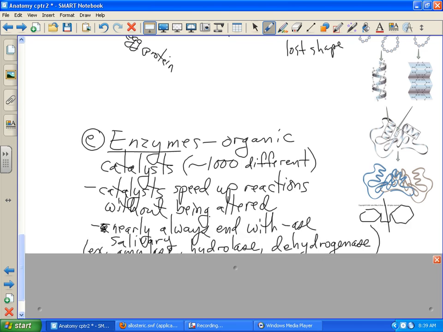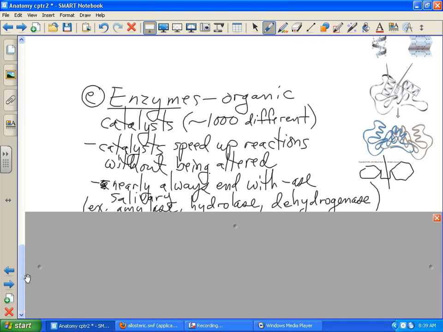Couple clues. If you can't read my handwriting, I don't doubt you. Enzyme names nearly always end with A-S-E. This little suffix, A-S-E, is a clue you're looking at an enzyme. We had catalase. There are some others. I gave you some examples.